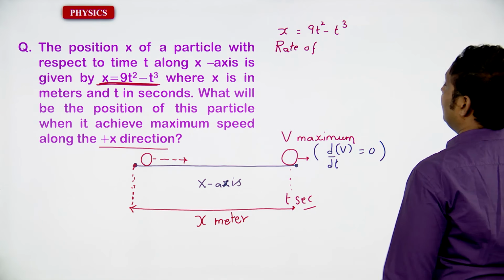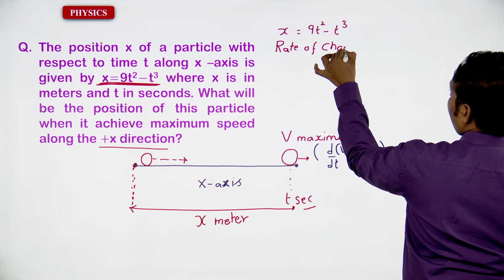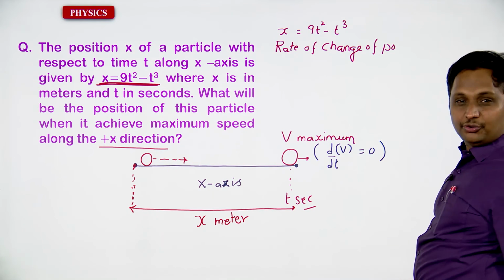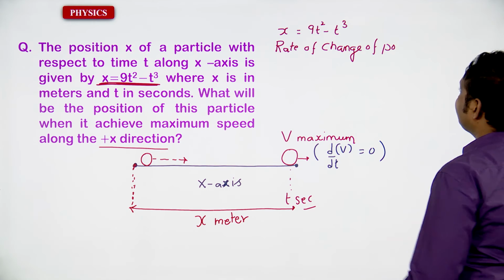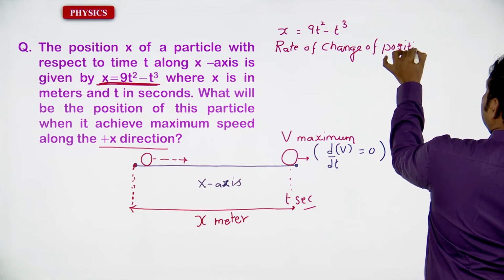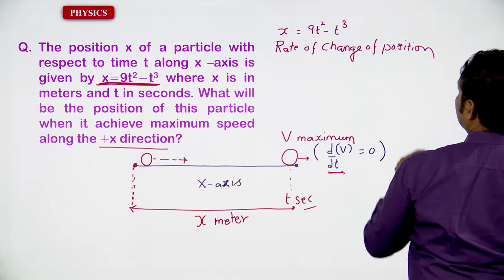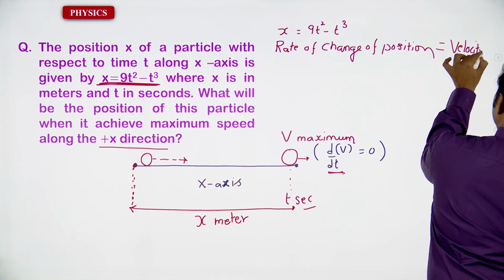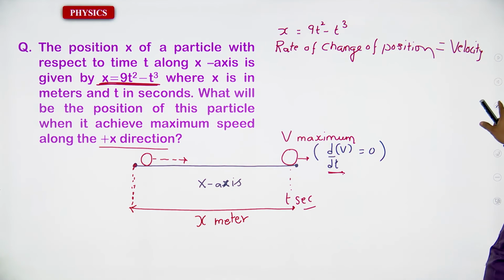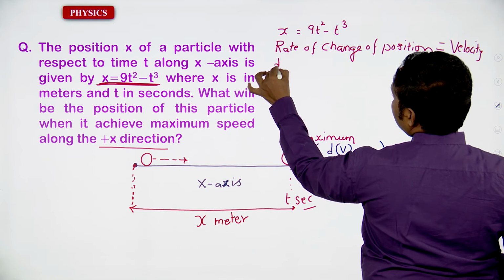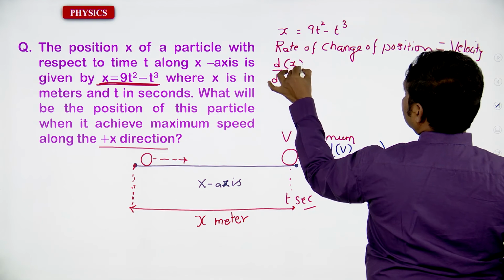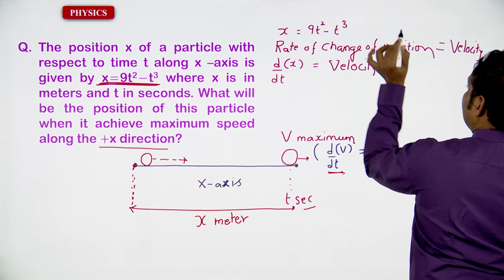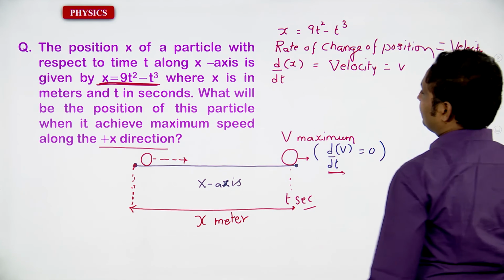Rate of change of position: we have to take the first differentiation. d by dt of x is equal to velocity, that is going to be v. We would like to find out this velocity.